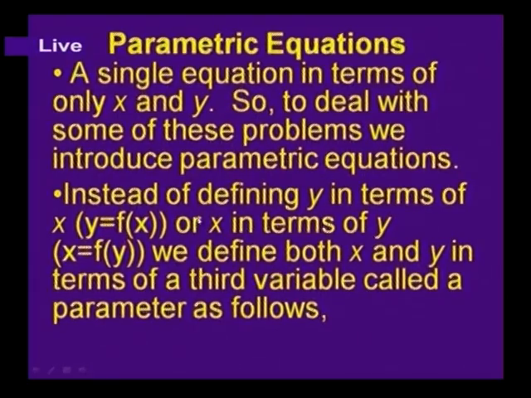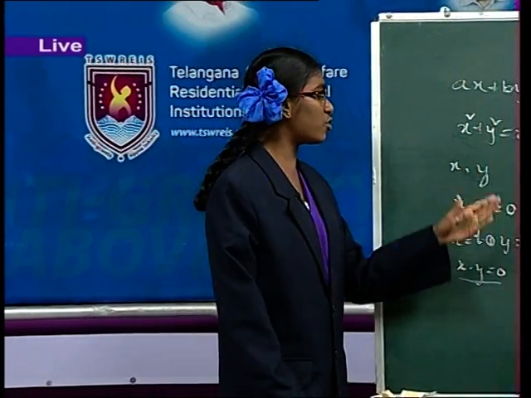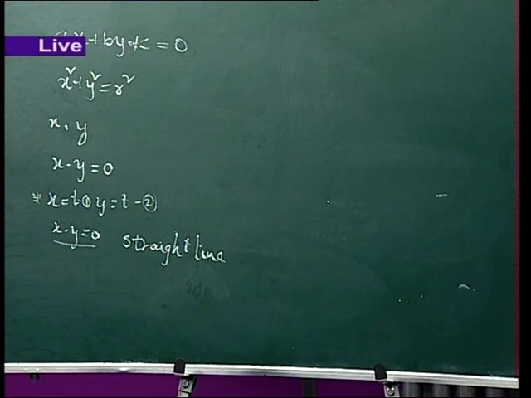Instead of defining y in terms of x, y equals f of x, or x in terms of y, x equals f of y, we define both x and y in terms of a third variable called a parameter. Okay friends, what does parametric equation mean? The representation of an equation in a single form. Here we take x is equal to t and y is equal to t. In a single variable we are showing both the equations. It is known as parametric equations.